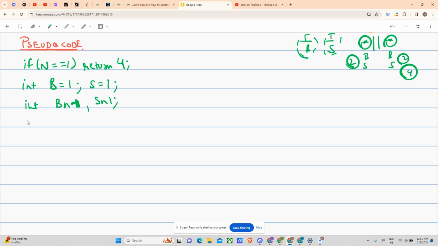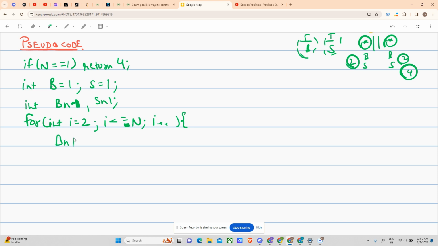Okay, now what will we do? We will start a loop from 2, going up till equals to n. Mark this equals to. Sometimes we don't use equals to when we are dealing with an array question generally. Now I am taking the initial values of b in bn1 and s in sn1, just to keep an account of what we are proceeding.